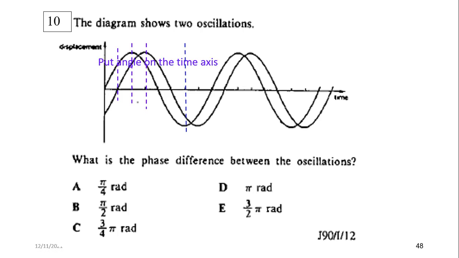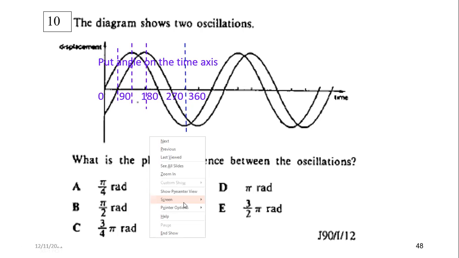Put an angle there, then you can read. This is 0, this is 90 or pi over 2, and this is pi, 180. You will concentrate on this curve. This is 180 here. And then, sorry, slightly out. 270 will be here, 360 will be here.